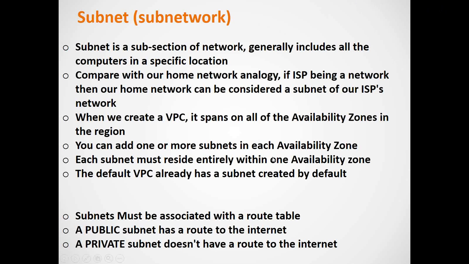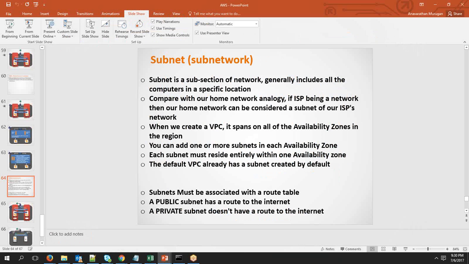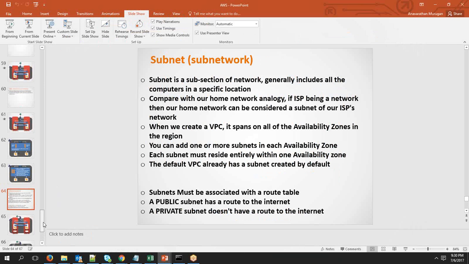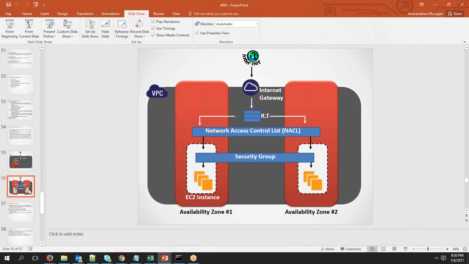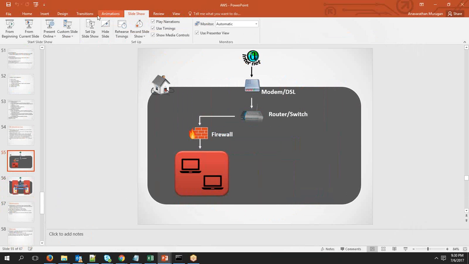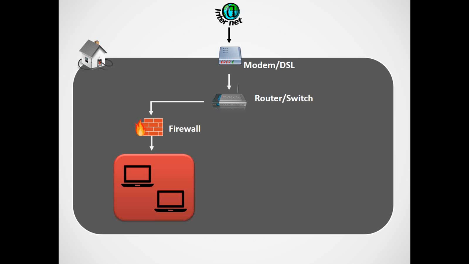Now, let me stop it. If not, it might look confusing. Clear so far on what we saw? So, quickly, if you just try to recall: at our home, what are we going to have? We are going to have the network, where in the network we'll be having a modem, router or switch, and firewall.